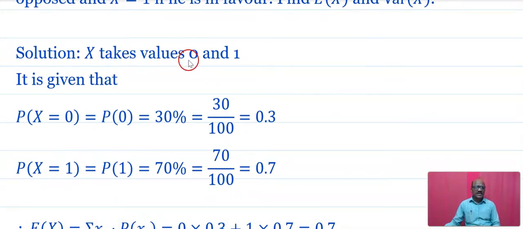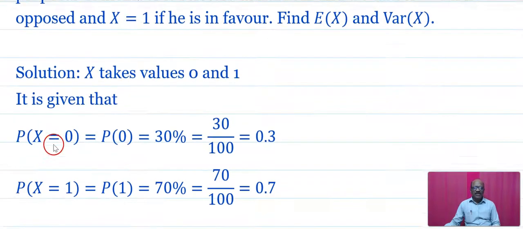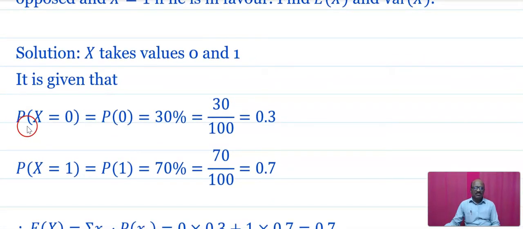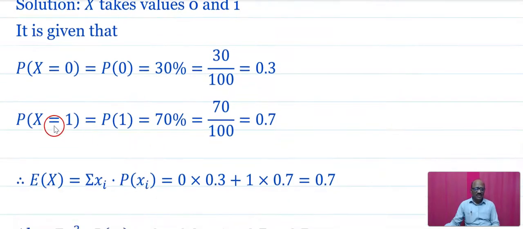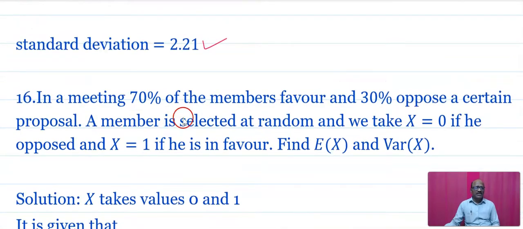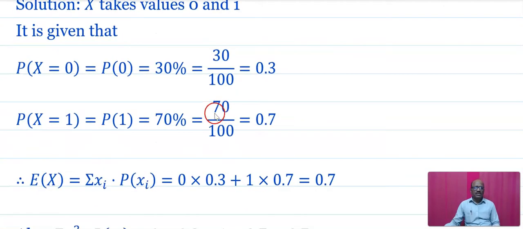Here x can take the values 0 and 1, oppose and favor. It is given that P of 0 is 30%, that is 30 upon 100, which is 0.3, and P of 1 is 70%, that is 70 upon 100, which is 0.7.